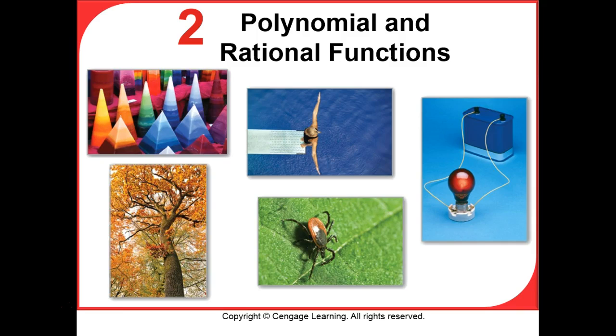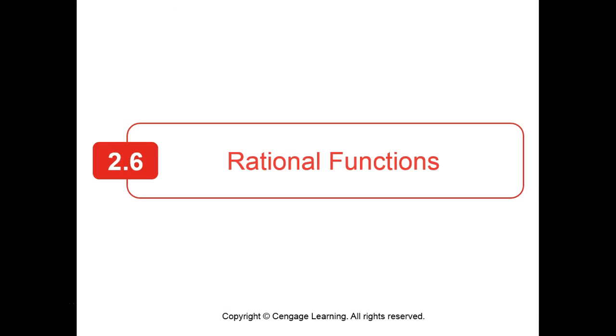All right. So we're still in Chapter 2, Polynomial and Rational Functions. And up to 2.5, we were all in the polynomial part. Now we get to the rational part. What in the world do we mean by rational functions? Anyone got an idea, a clue, a hint, a guess? Ratio, exactly. And what does a ratio mean?